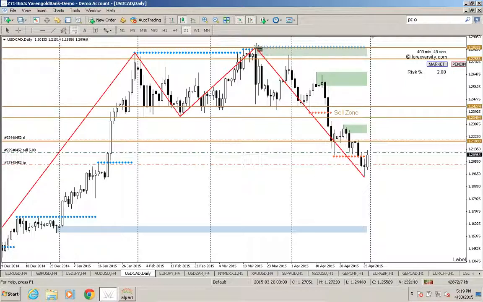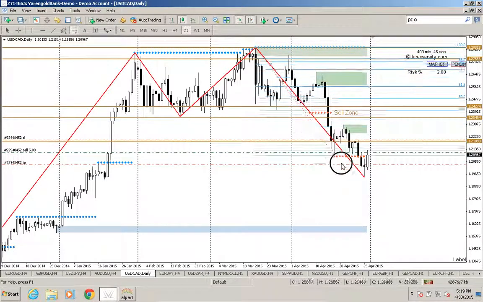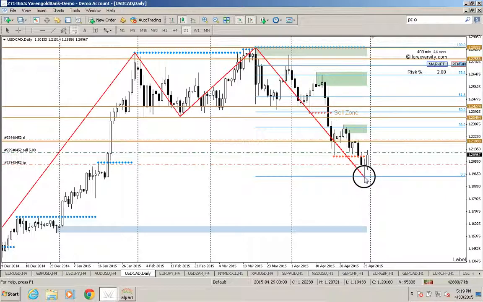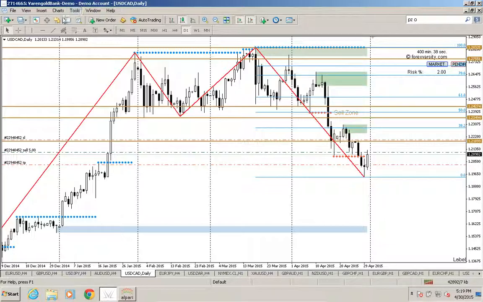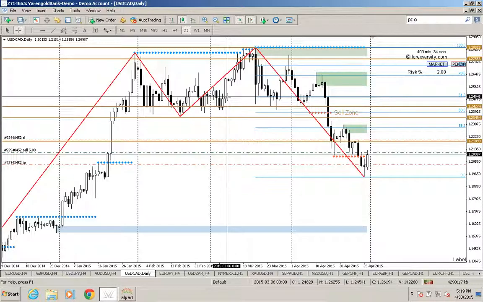Now if we draw Fibonacci from our most recent high to our most recent low, which would be A and B, we see the 61 Fibonacci is right up there at around a price of 1.2489. But there are no other important levels in the area. Again, this is a Fibonacci we will not be using.